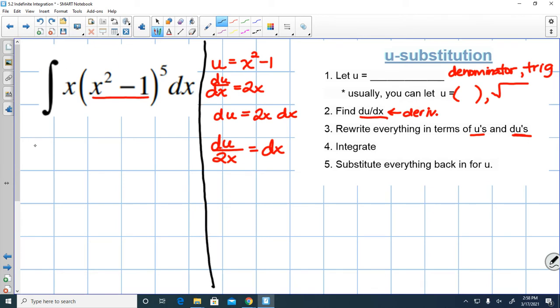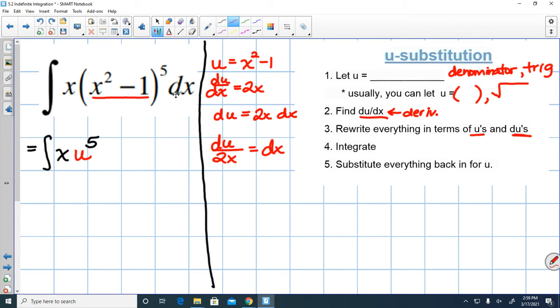So now I'm going to rewrite everything in terms of u's and du's where I can. So integral. Now this x I can't rewrite because x isn't equal to any u, so I'm going to bring it down. But I did say that what's in the parentheses, x squared minus 1, is equal to u, so I'm going to replace this with u. That fifth power is still going to stay there.